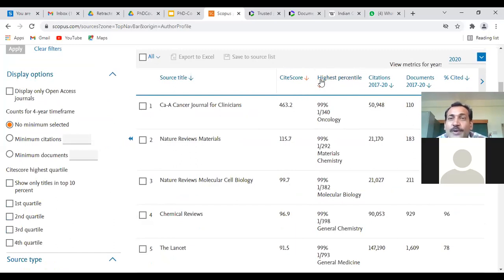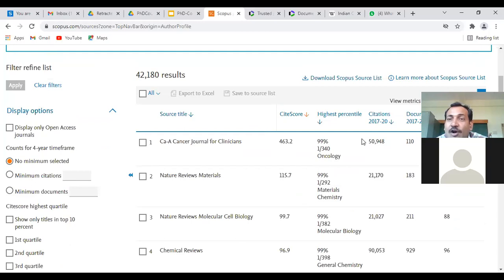And the percentile, the maximum citation, is given. And then for 2017 to 2020, how many citations are received and how many papers are published will be seen here. And the percent cited, how many percent citations are received, we will see here.